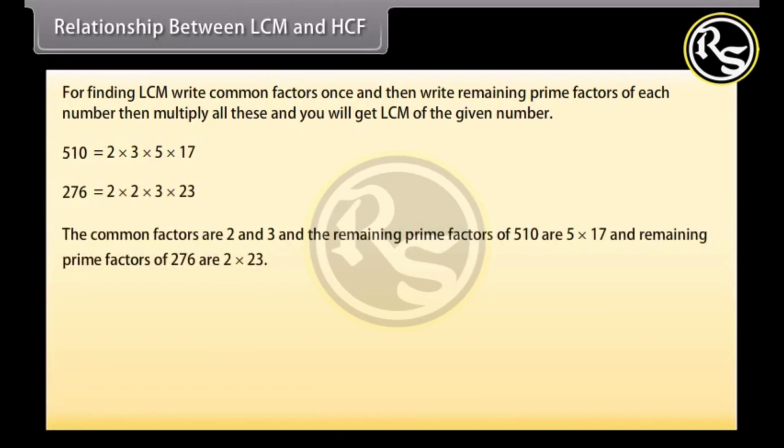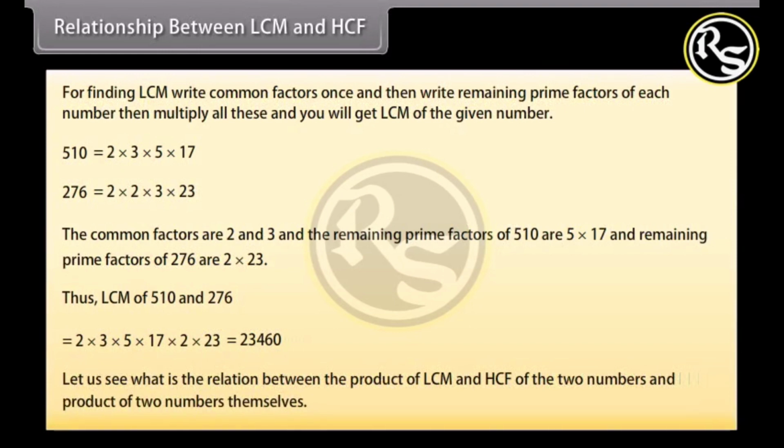The common factors are 2 and 3, the remaining prime factors of 510 are 5 × 17, and the remaining prime factors of 276 are 2 × 23. Thus, the LCM of 510 and 276 is equal to 2 × 3 × 5 × 17 × 2 × 23, which equals 23,460.